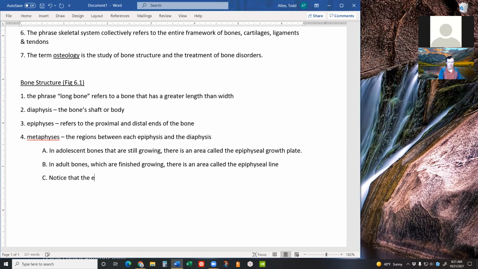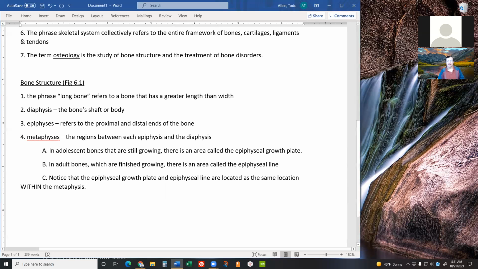Notice that the epiphyseal growth plate and epiphyseal line are located at the same location within the metaphysis.